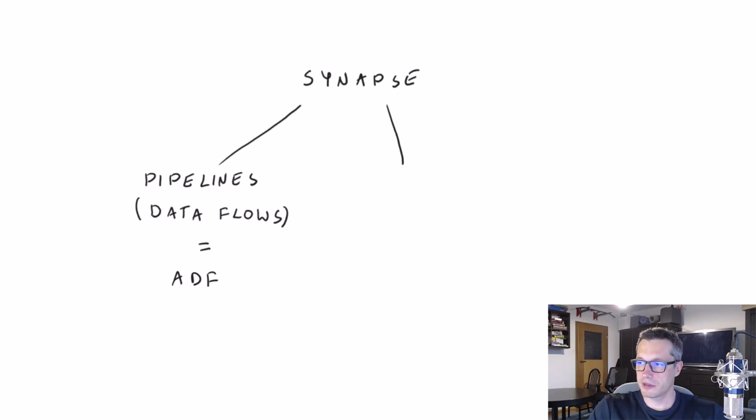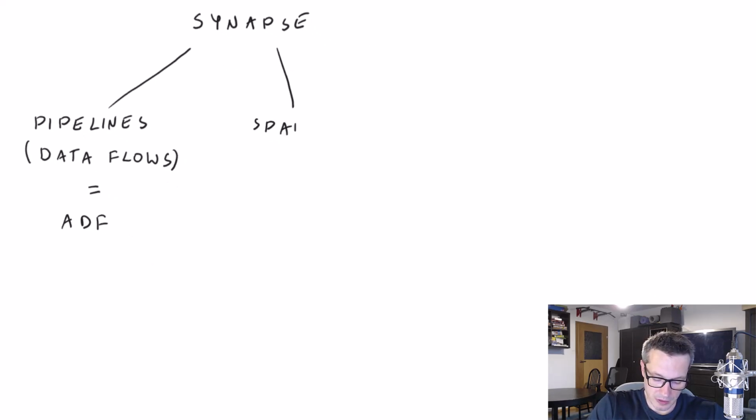Then what we learned about were Spark pools. So let me write it down. Spark pools. And this component can be used to transform our data again, but this time by writing code in one of those languages like Python, Scala, R, or SQL. And it gives us full flexibility and control over the code we write, way more than in the case of data flows.